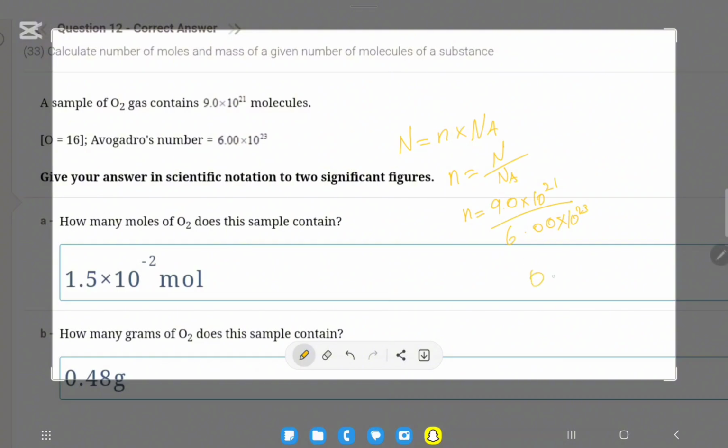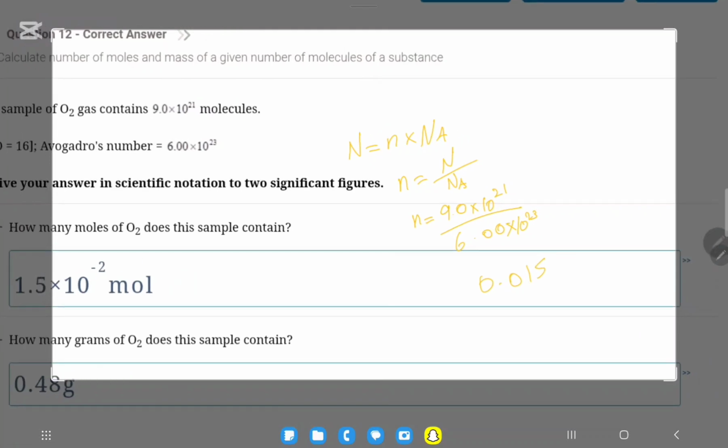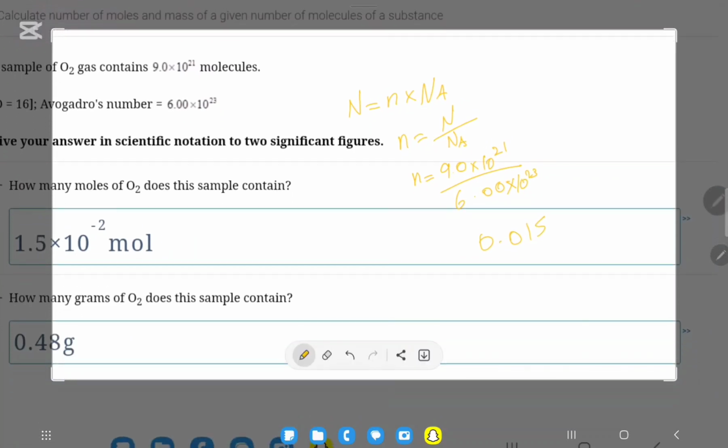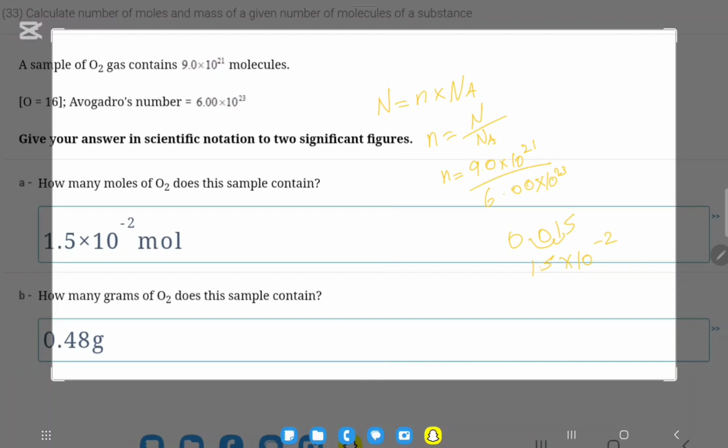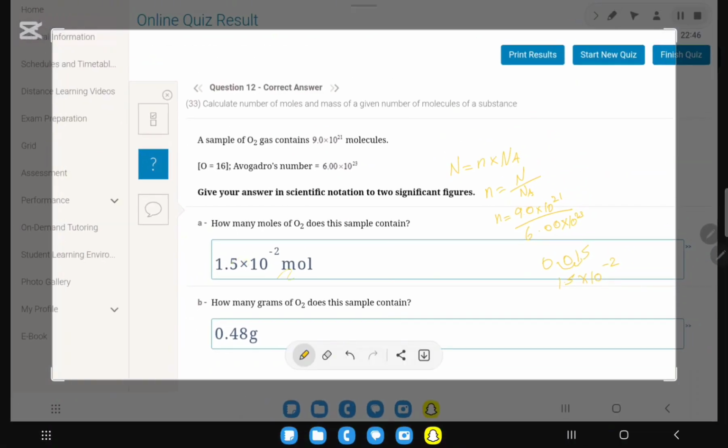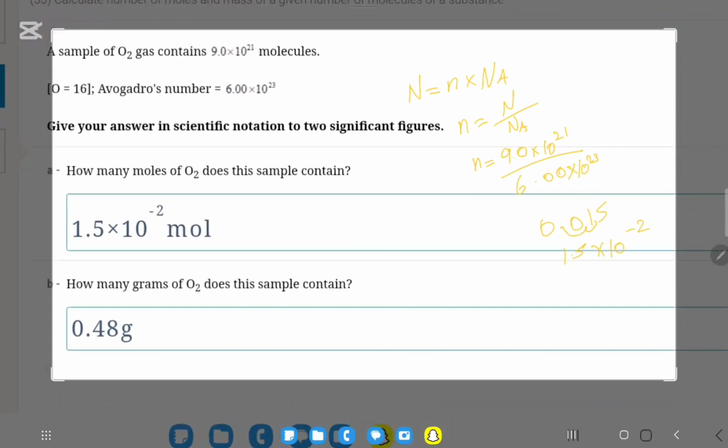You get 0.015, and you want it in scientific notation to 2 significant figures. 1.5 times 10 to the power of minus 2. When you move the decimal point to the right hand side, the power of the 10 is negative. 1.5 times 10 to the power of minus 2 moles.